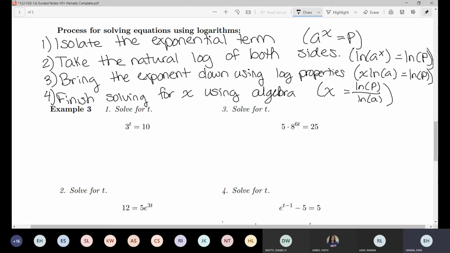Say I want to solve for t when I have 3 to the t equals 10. First step, isolate the exponential. Already done. I don't have anything attached to this 3 to the t. It's already isolated. Step 1, done. Step 2, take the natural log of both sides.